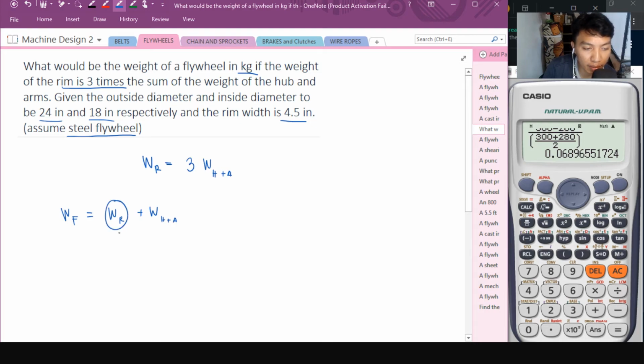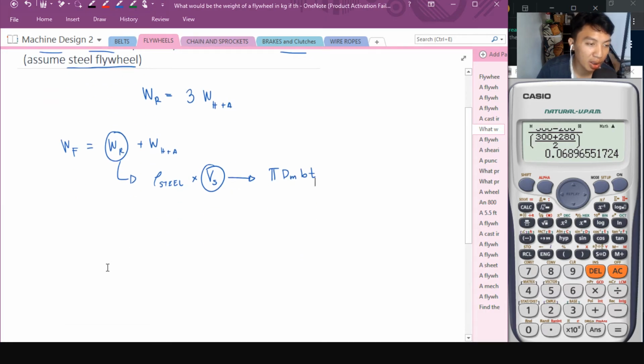The weight of the rim is equal to the density of the steel multiplied by the volume of the steel material. The volume is equal to pi multiplied by DM multiplied by the width multiplied by the thickness. So, weight of the flywheel is equal to the weight of the rim plus the weight of the hub and arms.